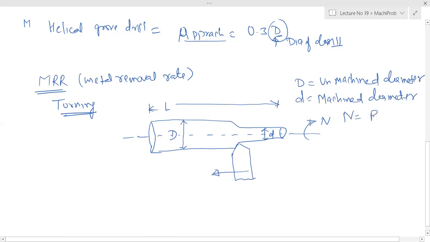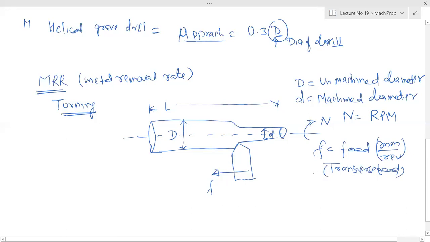N is your revolution per minute. This feed F is the transverse feed, that is millimeter per revolution in the transverse direction, that we call transverse feed.